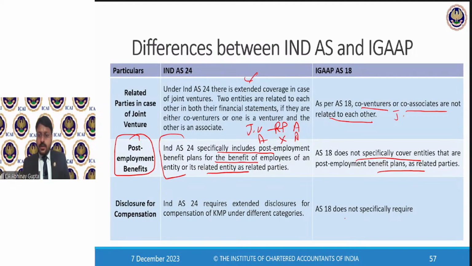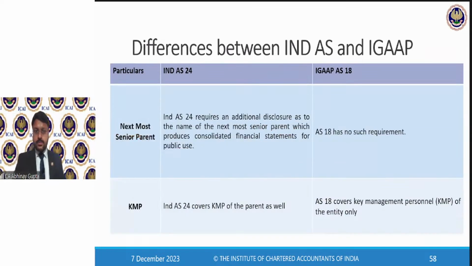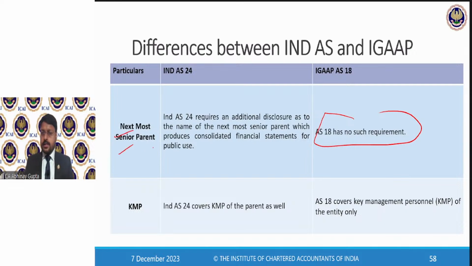Then compensation: AS 18 does not specifically require any KMP compensation to be disclosed, but Ind AS requires KMP compensation in five categories, right? Long-term, short-term, termination, post-employment, and share-based payments. Those five categories need to be disclosed. Then AS 18 does not talk about any next most senior parent; it is just silent.